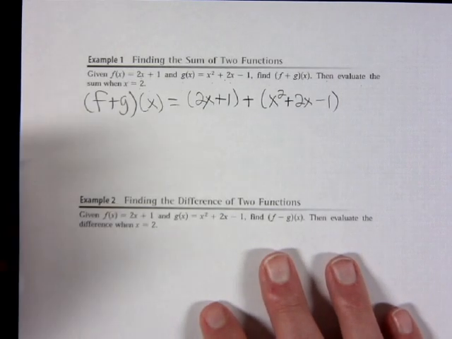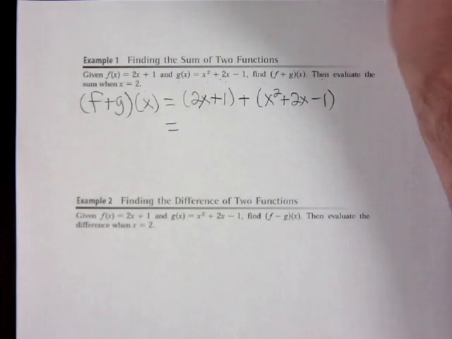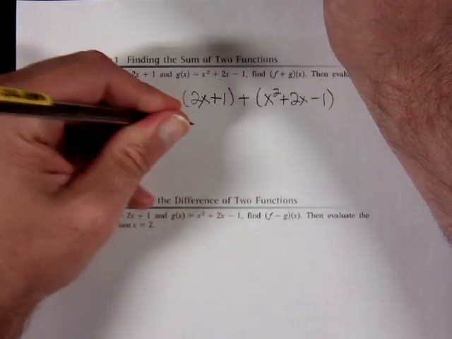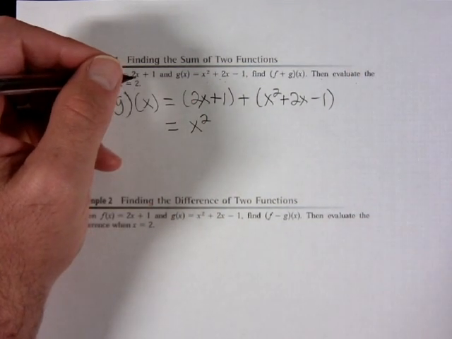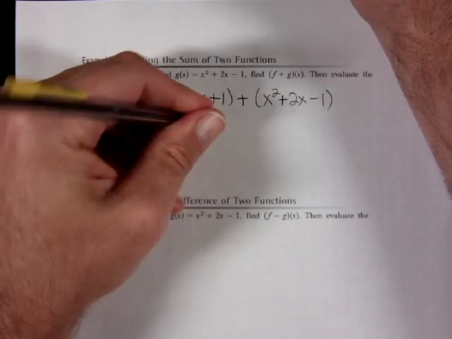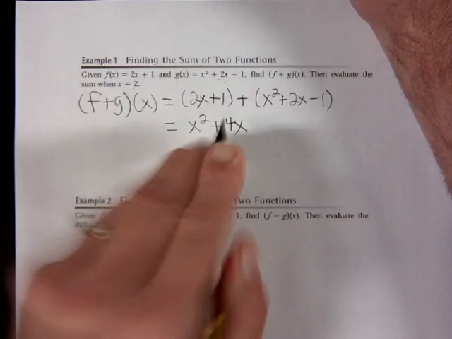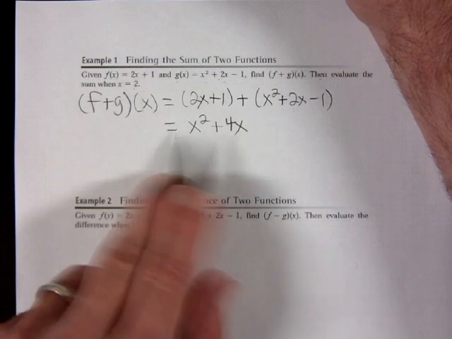All right, so from here I need to simplify that, and then I'll come up with the sum of the two functions. Looks like x squared will come first. 2x plus 2x, I can put my x's together, get plus 4x. And 1 minus 1 will disappear, and so this is the new function.